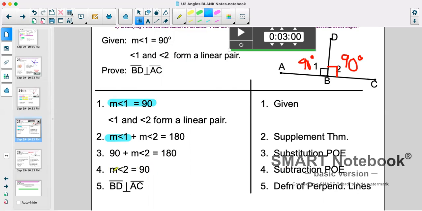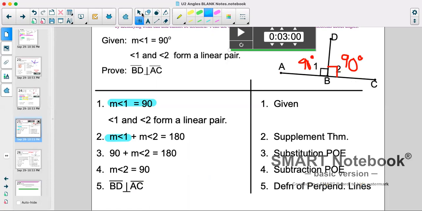That is showing that the measure of angle 2 is 90 degrees. And if angle 1 and angle 2 are both 90 degrees or both right angles, then that means that segment BD is perpendicular to segment AC. Why? Because perpendicular lines form right angles. Definition of perpendicular lines.